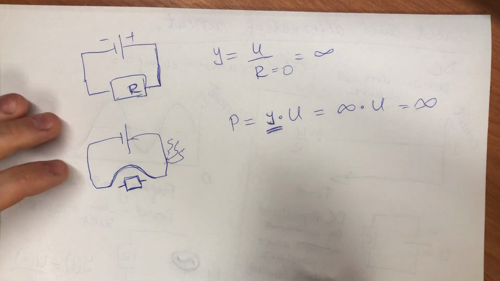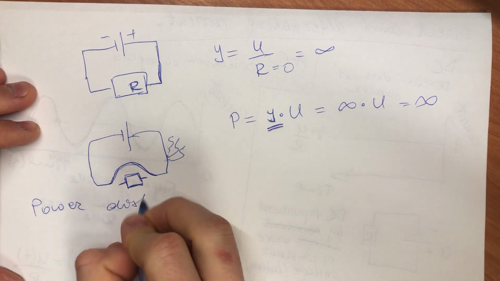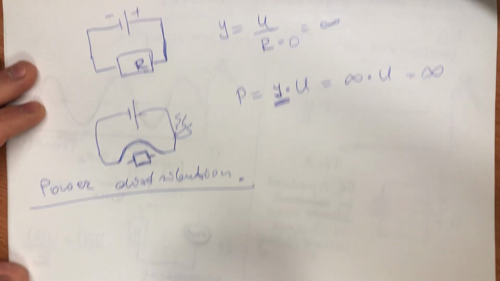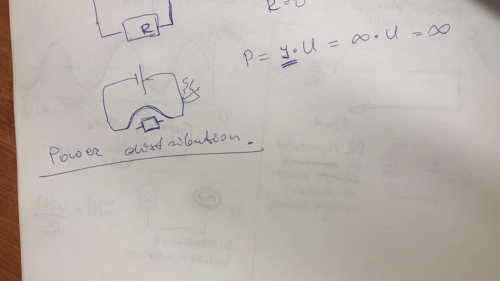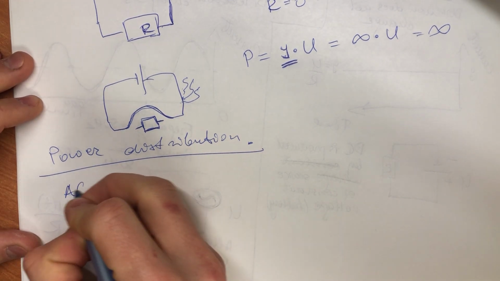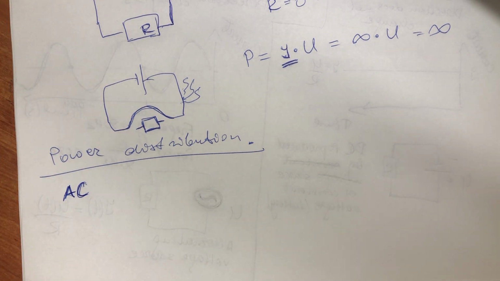Now one thing I wanted to tell you about power distribution. We will learn next time about how alternating current is produced, generators, electric motor, but it seems that alternating current is produced because it's easier to generate using generators, turbines, and electromagnetic induction. We will learn that.